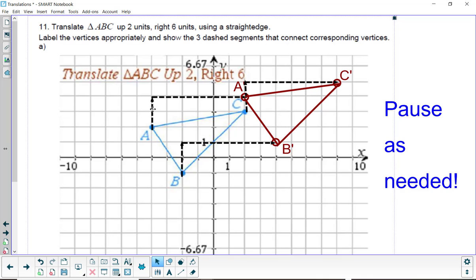And I think also I'm going to go ahead and take these lines out. So you just get rid of those. I think they're kind of in the way.